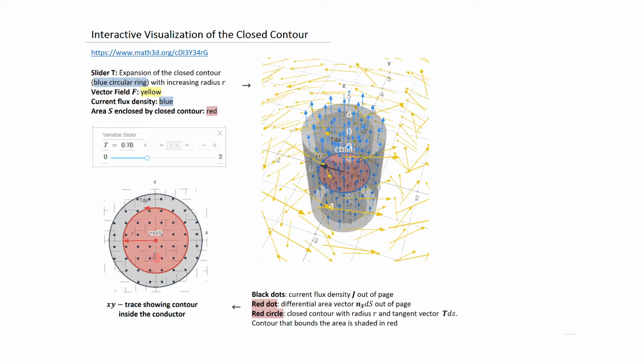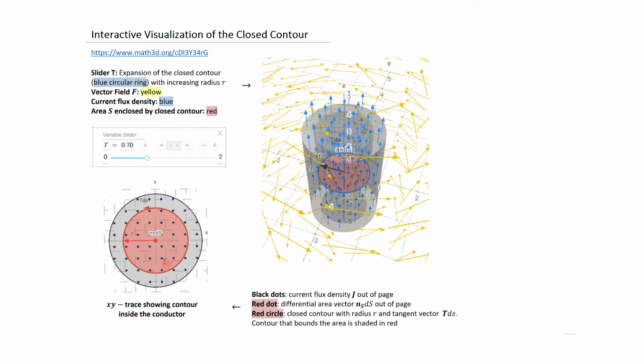The current flux density, which is the black dots that you see here, is also out of the page. And the closed contour is in a counterclockwise direction. Right, so this is the red contour, and this is the area enclosed by that contour. When we talk about Stokes' theorem, we're only caring about the area enclosed by the contour.